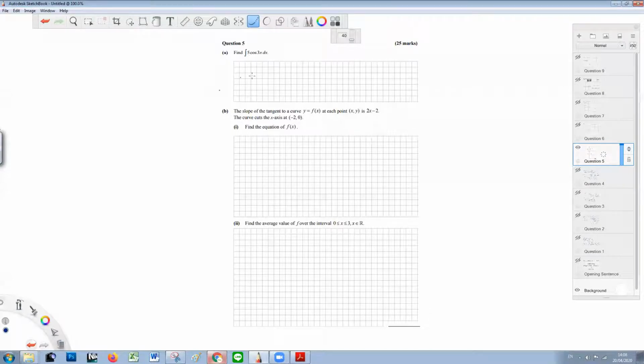So you can take the 5 outside. So it's cos 3x dx. And basically with these, the easiest way to do it when you have something like this, and I told it in another video, if it was just f of x, it would be the integral of f of x dx.